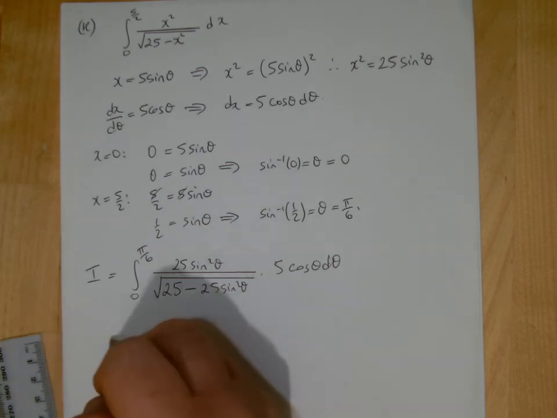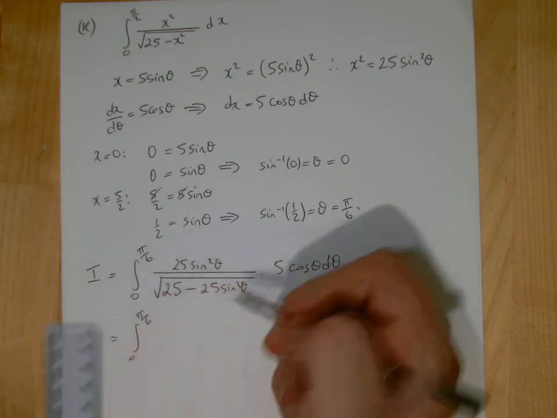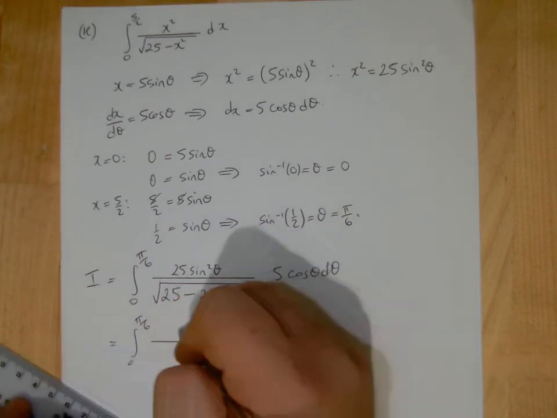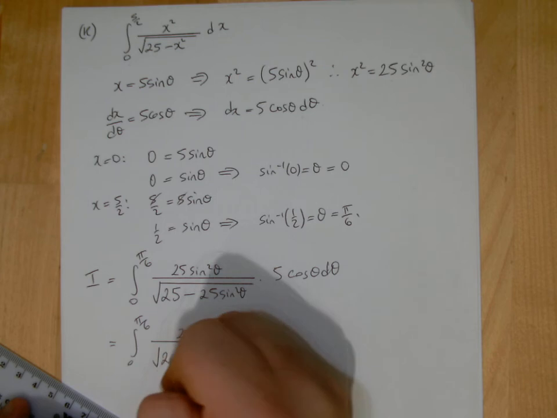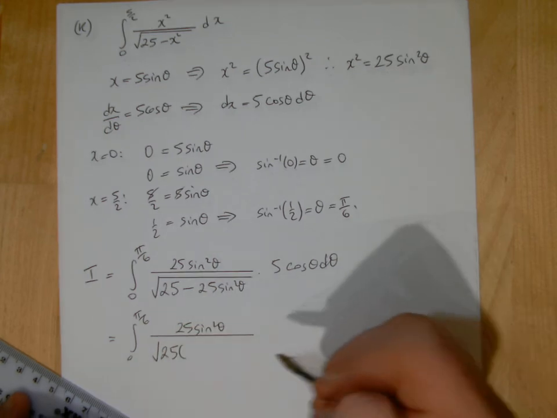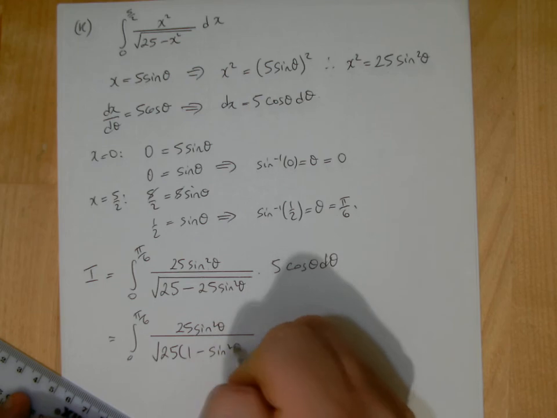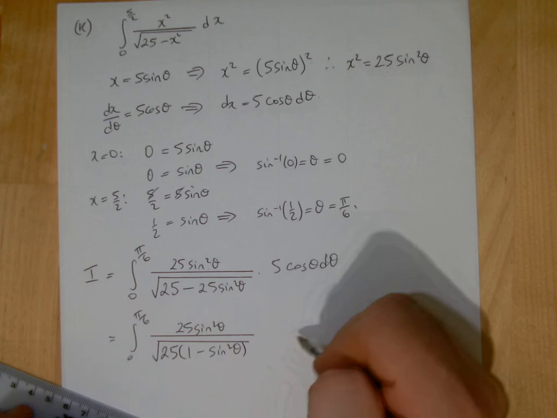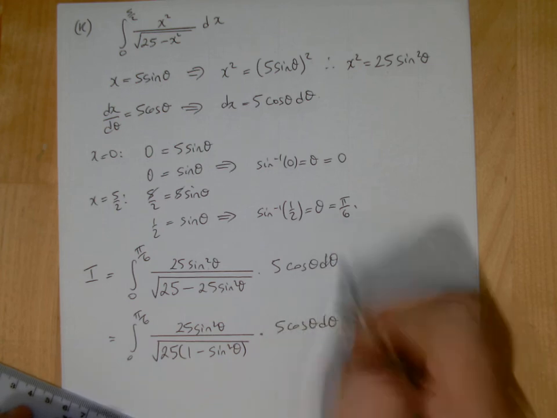But at the bottom, you might recognize a similar pattern to before. Okay, notice there we've got a common factor of 25. So in the root, factorize out the 25. And lo and behold, you get in that bracket 1 minus sine squared. So don't forget to put all the other stuff there.